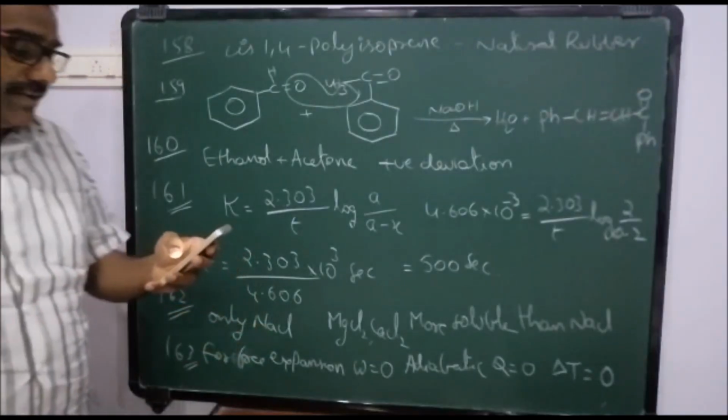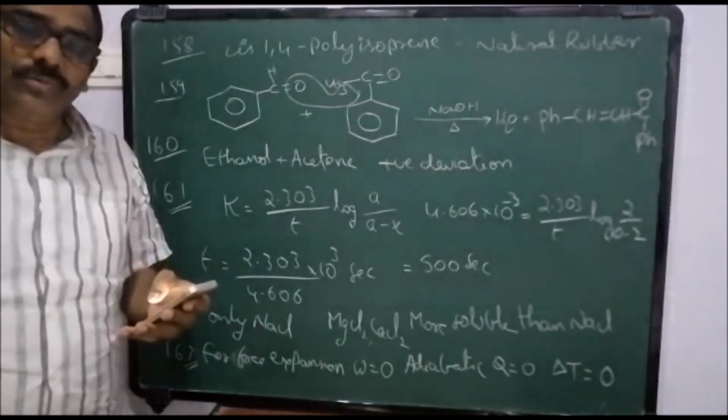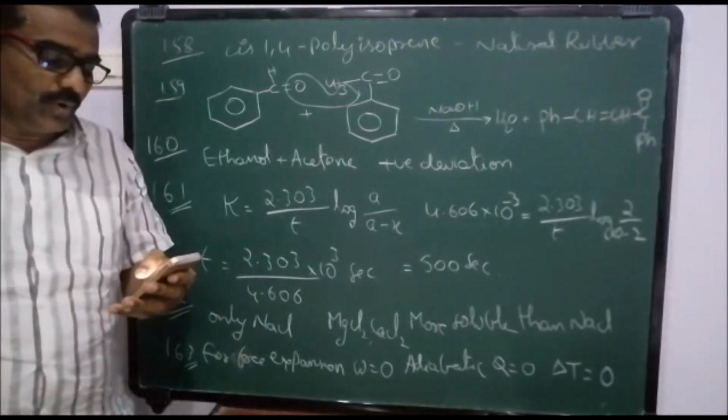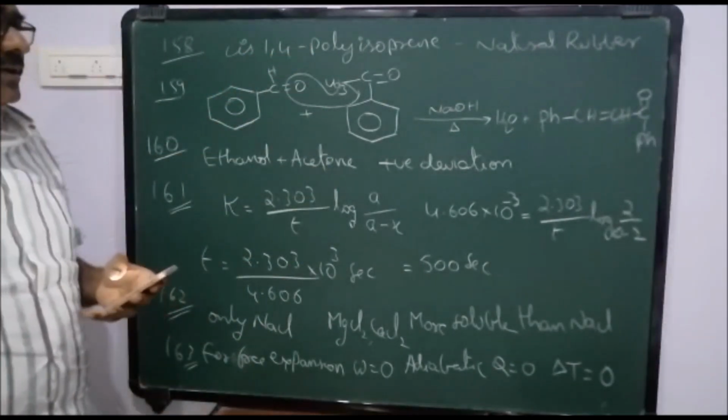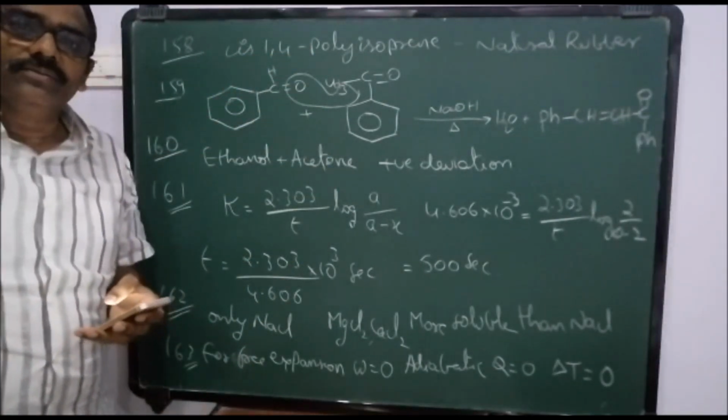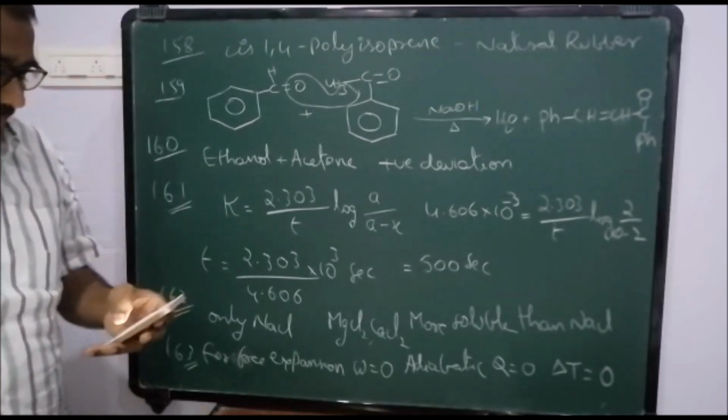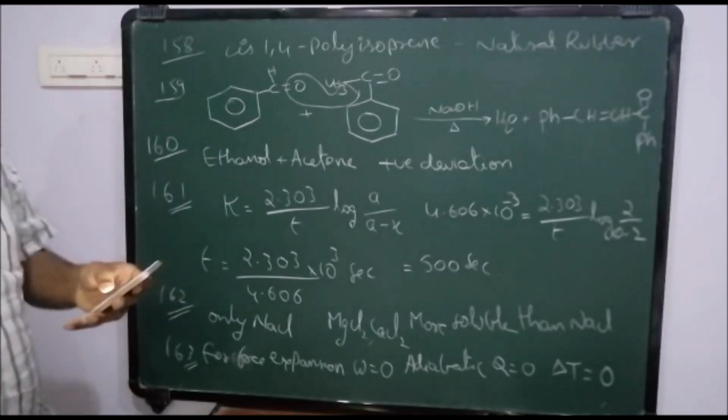Question number 158. Which of the following is a natural polymer? So here the natural polymer is cis-1,4-polyisoprene. It is nothing but natural rubber, so it is considered to be a natural polymer. And question number 159.